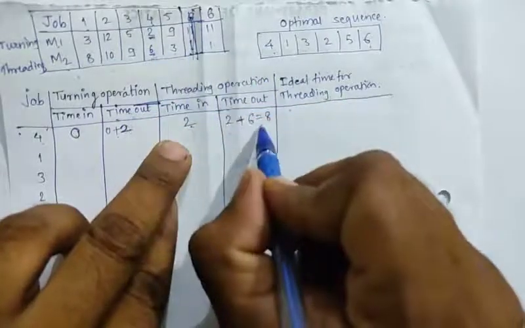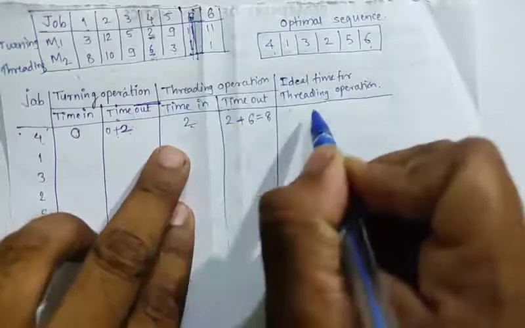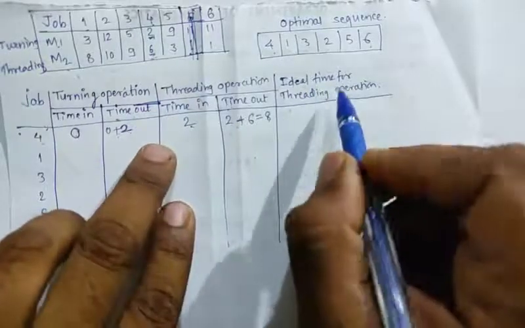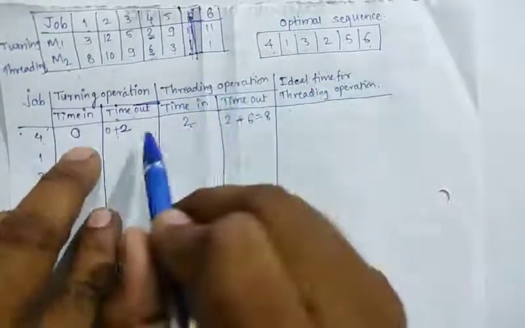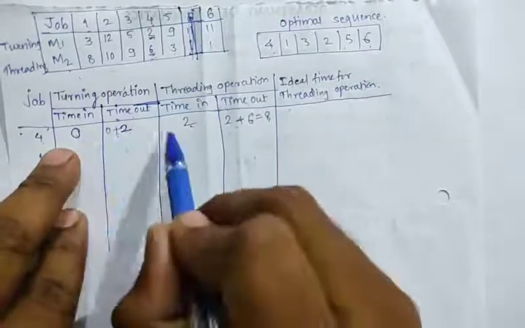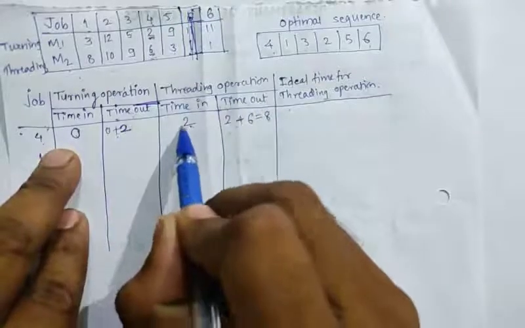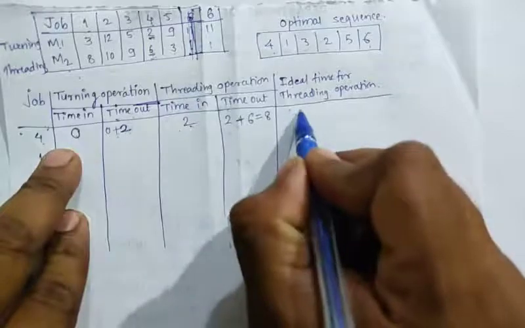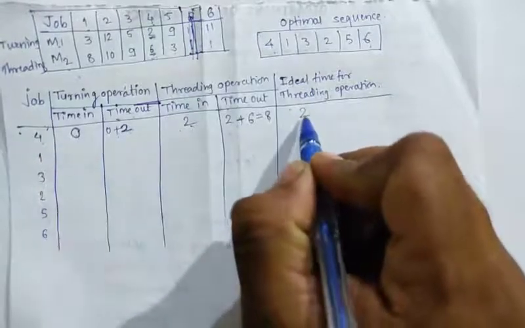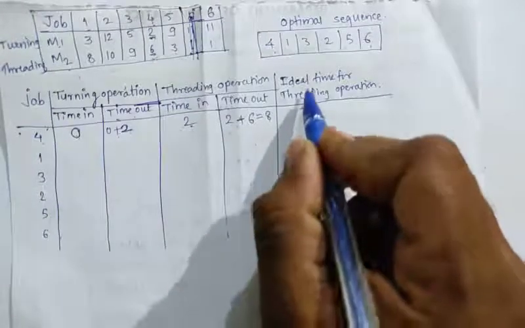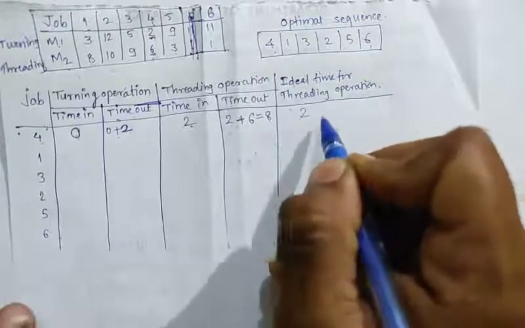Next, how much idle time is there for the threading operation? How much time does the machine stop? From 0 to 2 minutes, so 2 minus 0 is 2. The idle time for the threading machine is 2 minutes.